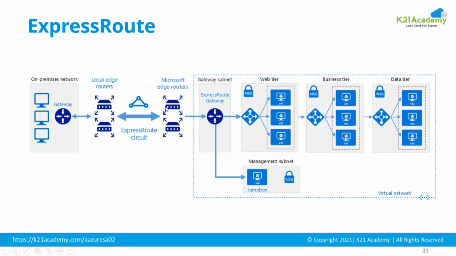The other end of that ExpressRoute service is already connected with Microsoft Edge, and that Microsoft Edge will connect to another gateway you're going to create, the ExpressRoute gateway, which is connected to your virtual network. So this is ExpressRoute in a nutshell at a high level.